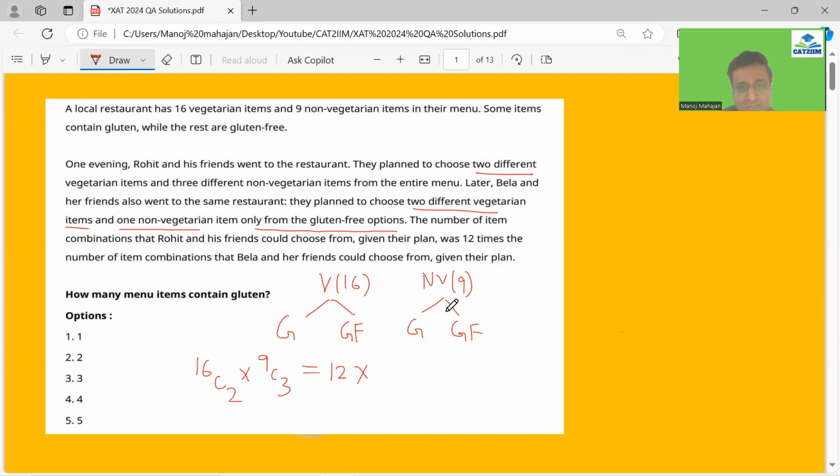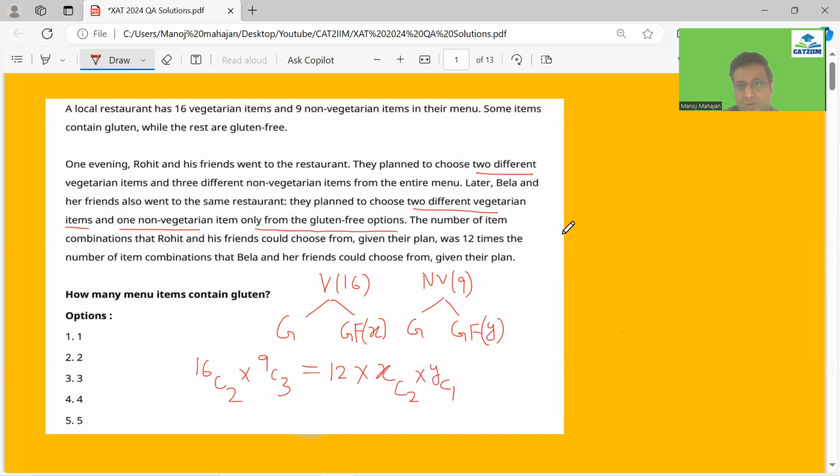So let's do one thing, because we have to choose from the gluten-free option. Let's say under vegetarian, the gluten-free items we have is X, and under non-vegetarian the gluten-free is Y. So the total combinations which I can make is XC2 multiplied with YC1.